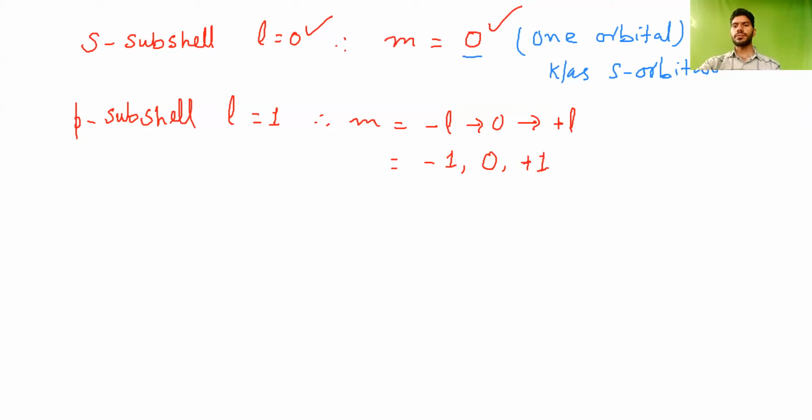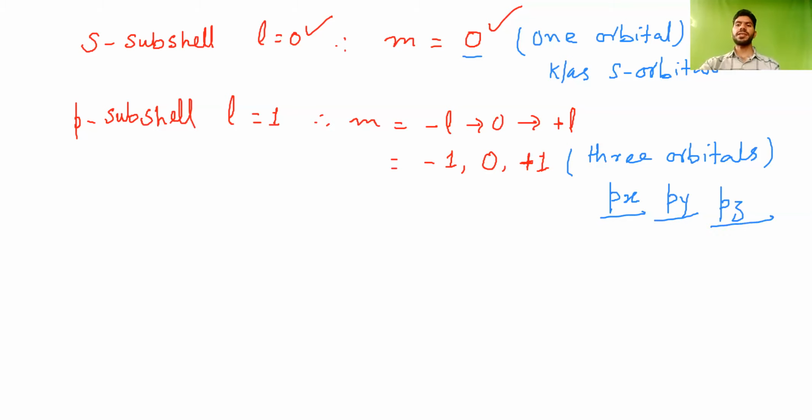So we have three values, minus 1, 0, and plus 1, which means there are three orbitals. What are the names of these orbitals? px, py, and pz.